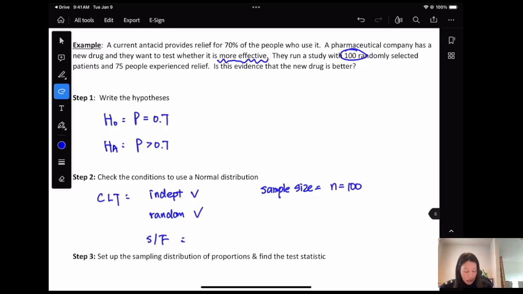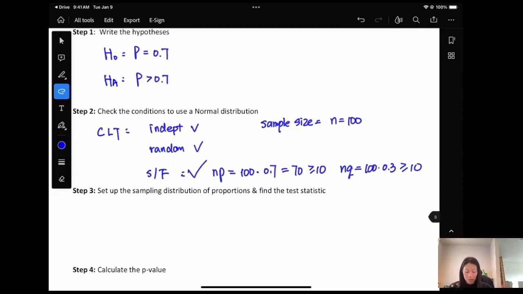And n times p, remember that when we check the success and failure condition, we use the null hypothesis value. So it's 100 times 0.7, which is equal to 70, greater than or equal to 10. n times q equals 100 times 0.3, which is greater than or equal to 10. So that means the success and failure condition is checked.